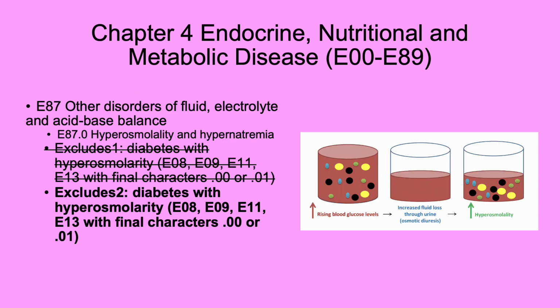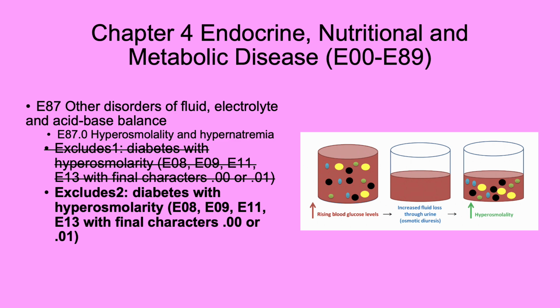Okay, also in chapter 4, E87.0, hyperosmolarity and hypernatremia. This is important. It excludes 1, replaced with an excludes 2. That's very important, very easy to miss. Remember that an excludes 1 means you can't report these two codes together. An excludes 2 means that maybe you can report the two together if it's documented. There are a number of these codes for 2025 where an excludes 1 has been changed to an excludes 2.